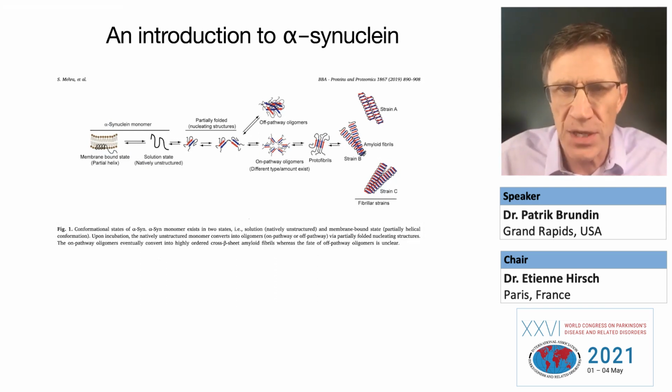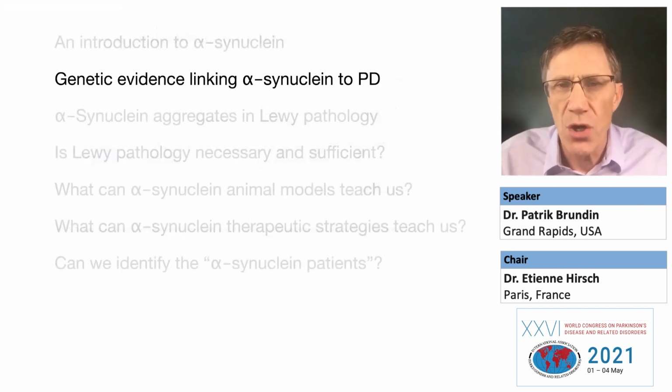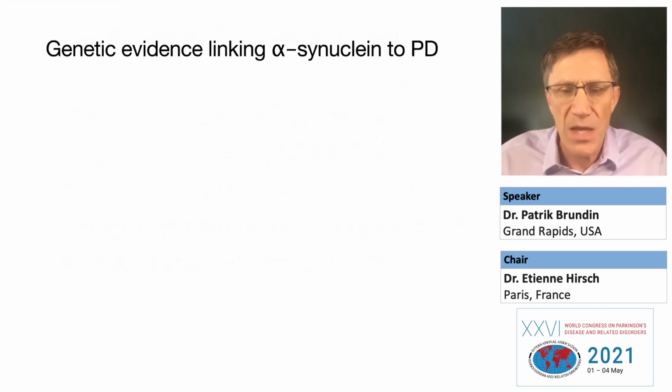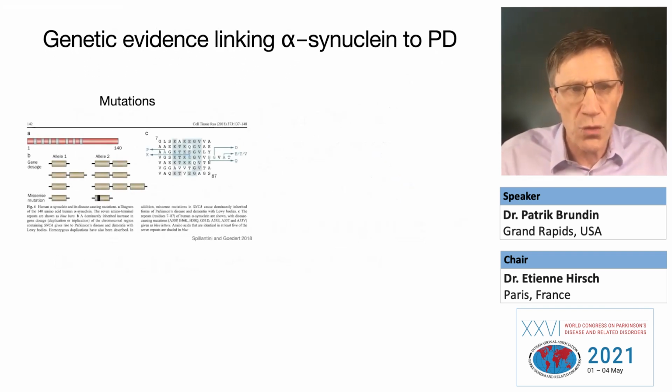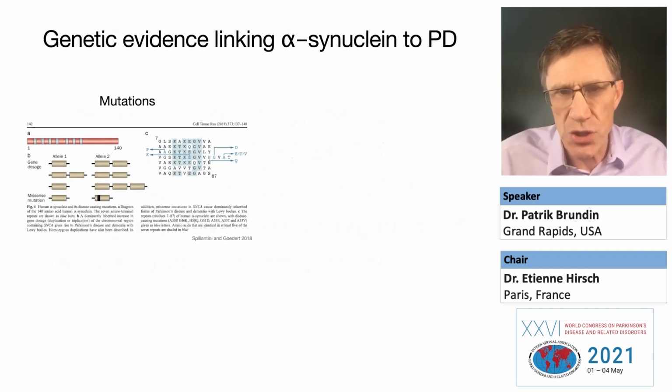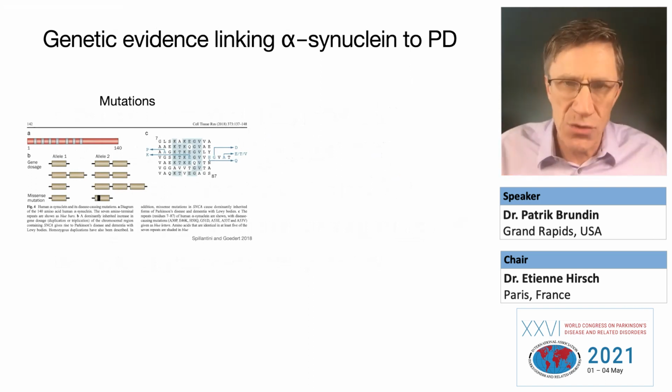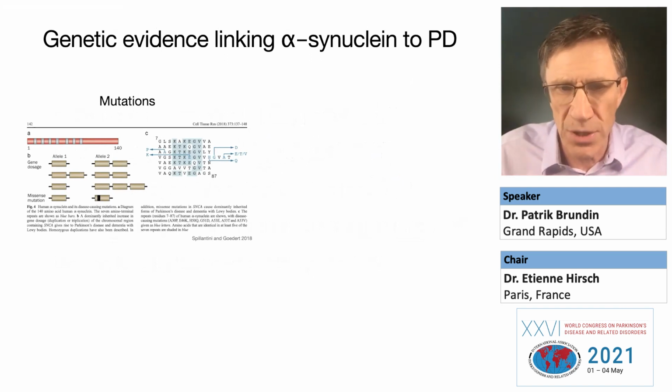But I did mention something about mutations. So what is the genetic evidence that the 140 amino acids that make up alpha-synuclein are involved in Parkinson's disease? Well, there are, first of all, mutations, both missense mutations and gene dosage mutations, that can directly cause neurological disease that is either virtually identical to Parkinson's or is a syndrome that has Parkinsonism as part of it.